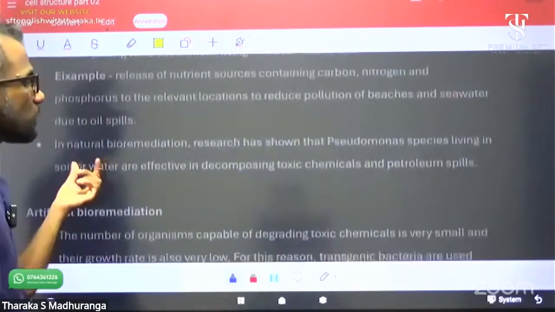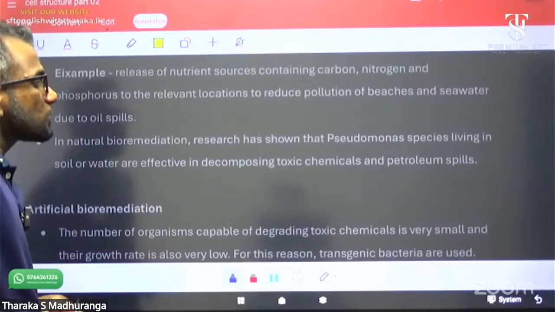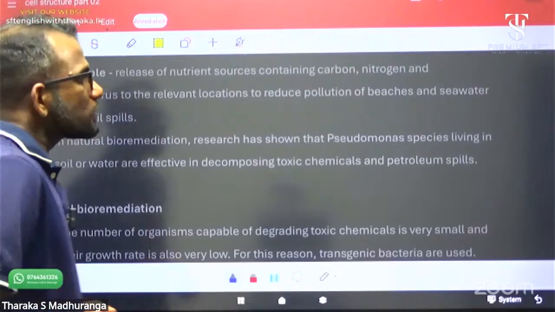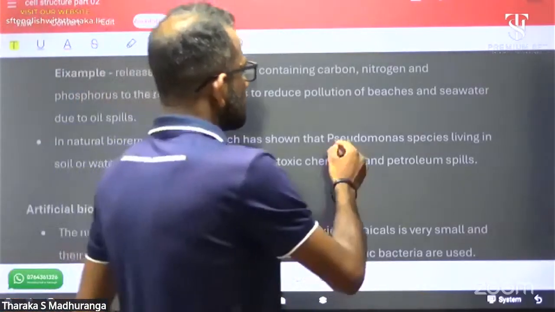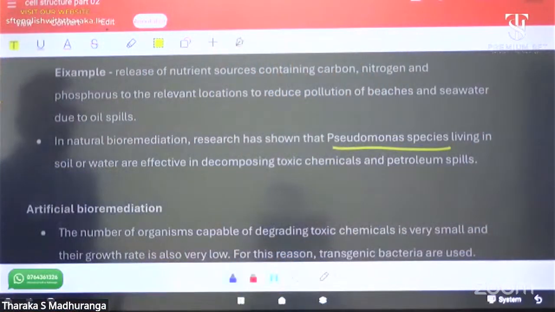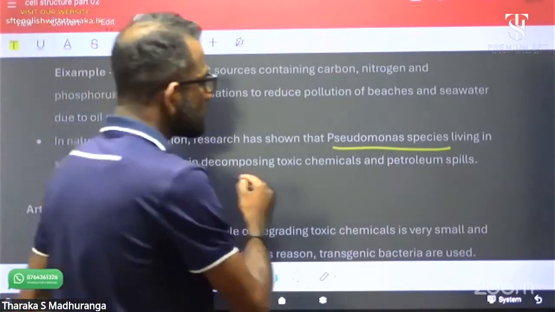In natural bioremediation, research has shown that Pseudomonas species, a naturally available microorganism living in soil or water, are effective in the decomposition of toxic chemicals, especially heavy metals.